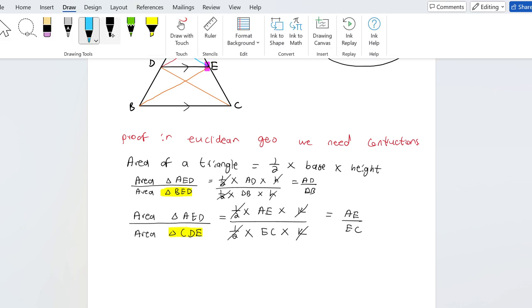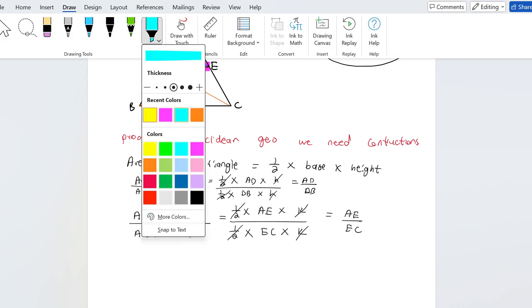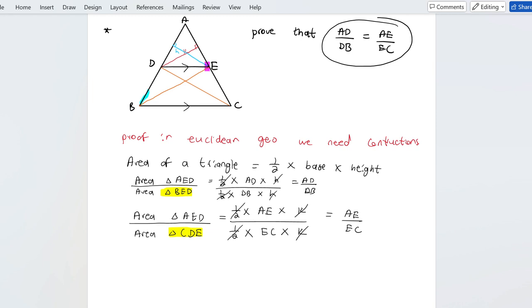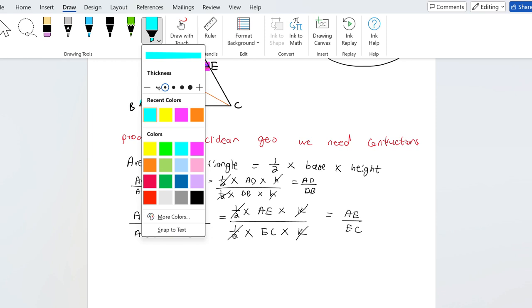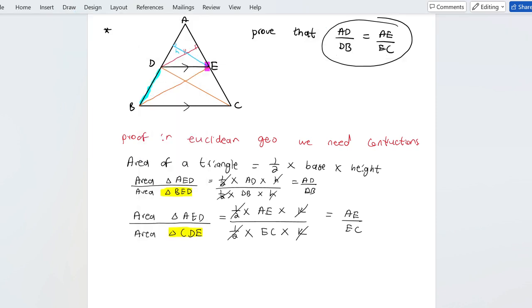So these two triangles here, this triangle over here and this triangle over here, they have the same base, right? They have the same base, which is DE. And these triangles, they lie between parallel lines.